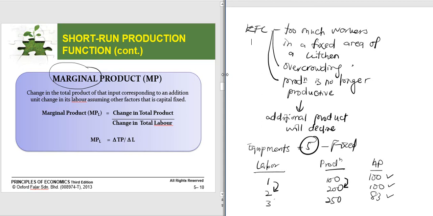It is 100. So the marginal product here is 100, then 100, and then if you add another unit of labor, your production will increase by 50. This is what we mean by marginal product: the additional production that you can get when you add more labor in the production.